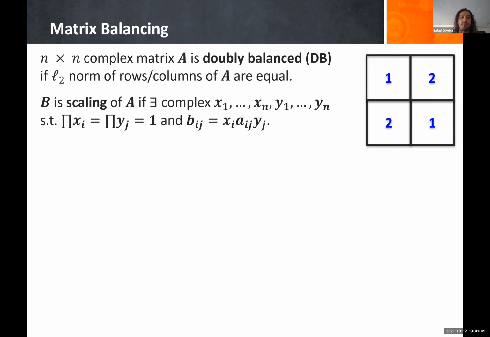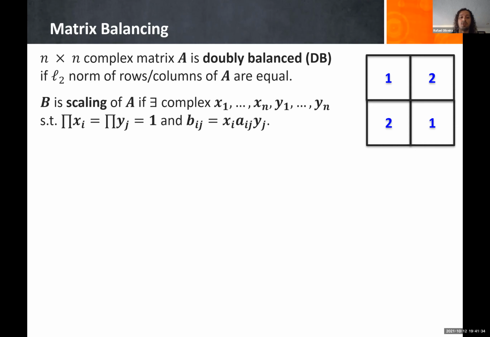And we say that a matrix B is a scaling of A if there are complex numbers x1 up to xn and y1 up to yn, such that the product of the xi's and the product of the yj's are equal to 1. If you think of the diagonal matrix with the xi's on the diagonal and the diagonal matrix with the yj's on the diagonal, we're talking about the special torus group.